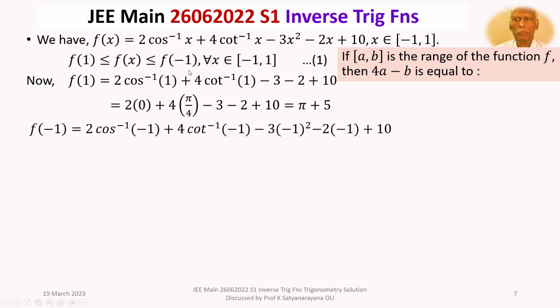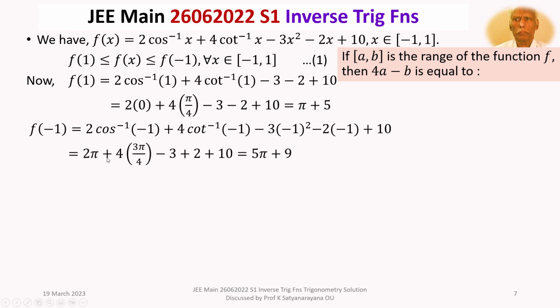And let's see what is f of minus 1. F of minus 1 is 2 cos inverse minus 1, 4 cot inverse minus 1, minus 3 into minus 1 whole square, minus 2 into minus 1 plus 10. Now, cos inverse of minus 1 is pi, 2 pi. And cot inverse of minus 1 is 3 pi by 4.